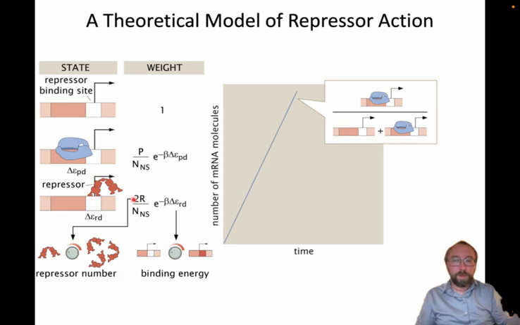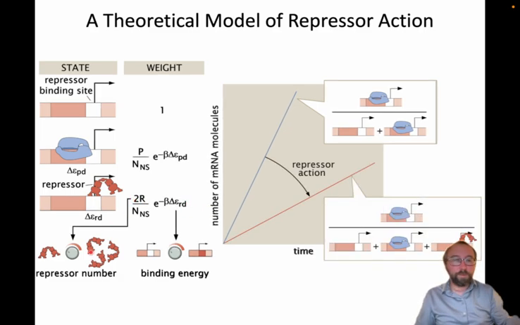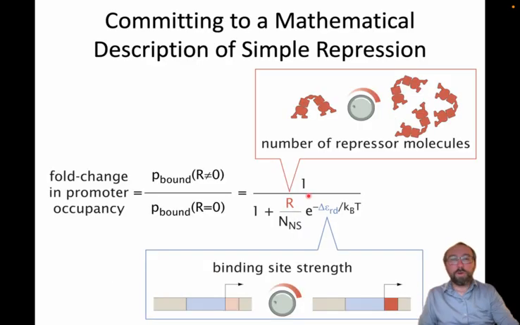But basically you have your binding energy here, your number of repressors, and the result is that the repressor is basically draining probability from the polymerase bound state. So if the rate of production, or the number of RNAs produced as a function of time, looks like this in the absence of repressor, the repressor is just slowing down the production. Okay. And as I showed you, when we calculate the fold change in promoter occupancy, we get this really nice simplified expression that features just the number of repressor molecules and the binding site strength.